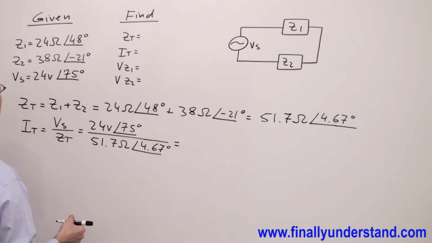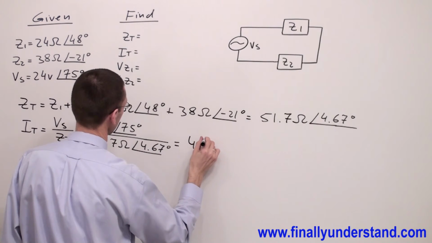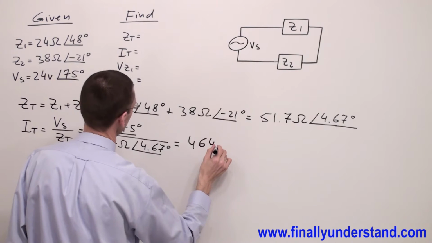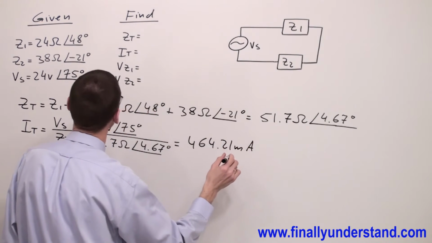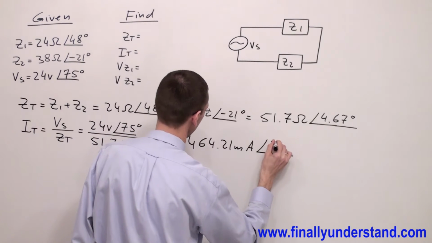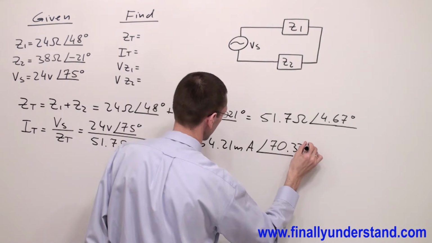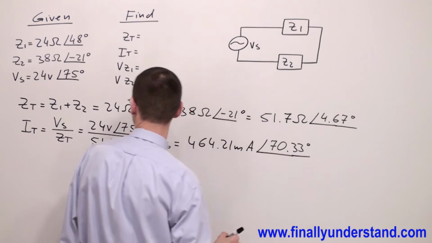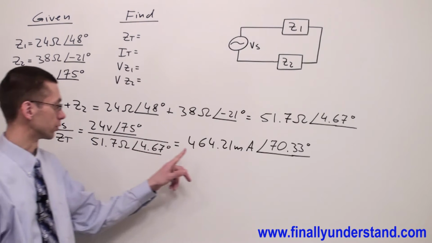Okay, use the calculator. You're supposed to get 464.21 milliamps and angle of 70.33 degrees. This is the total current in my circuit.